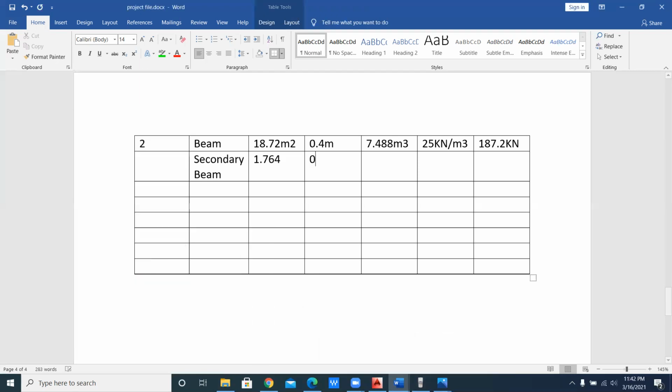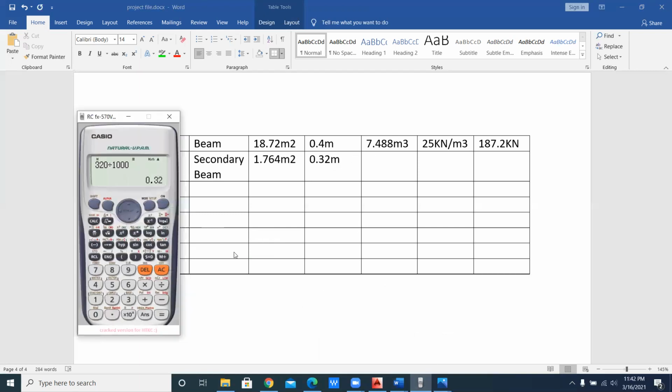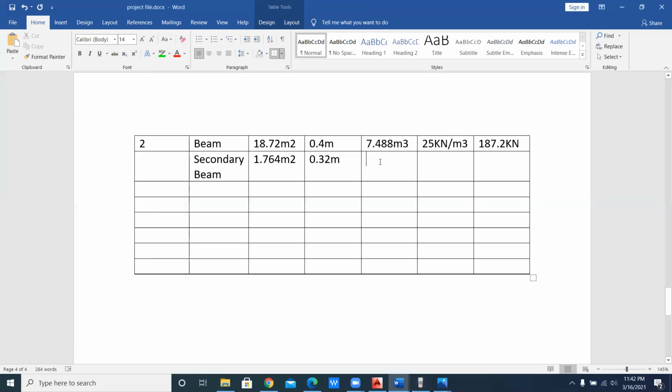So apply here 0.32 multiplied by 1.764, that is equal to how much? You will get 0.56448, this one. And reinforced having the same kilonewton per meter cube, equal to what?